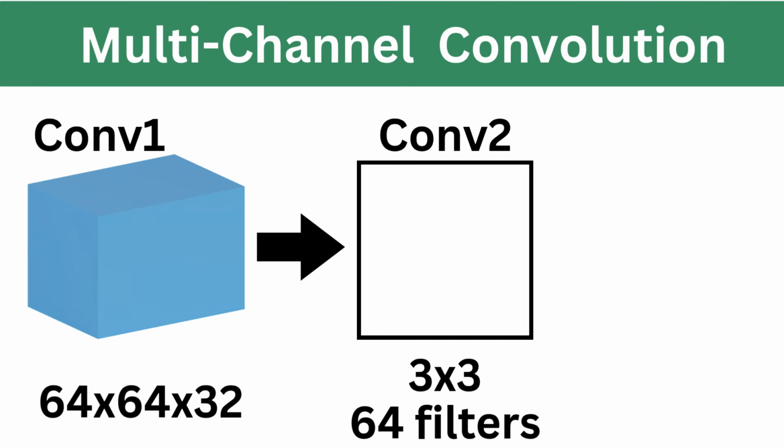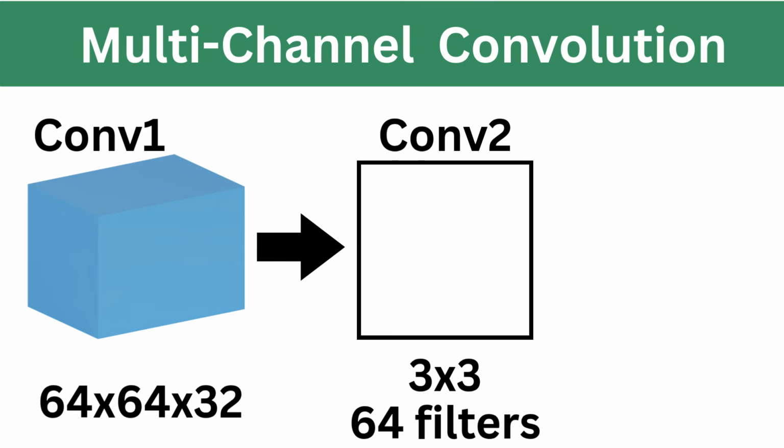If we have understood how to perform the convolution operation on an RGB or multi-channel image, then there is one more thing that I need to discuss. When the output of one convolutional layer is passed as input to a second convolutional layer, the same thing happens here as well.